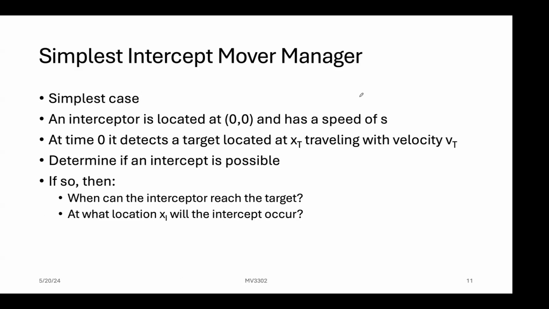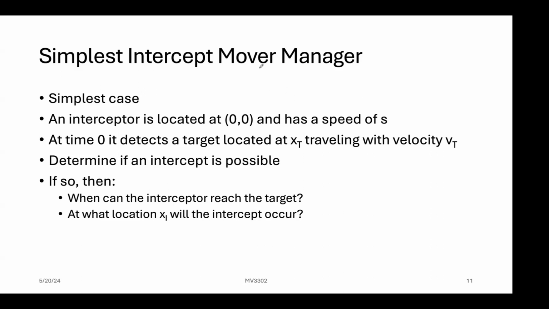We could spend the whole quarter just on different ways of expanding this. There have been some models where this has been taken all the way down there. It's just that it starts to get complicated because we now have to have components that are making decisions about this. But we also need the pieces that put it together. So this piece is what I call the simplest intercept mover manner.